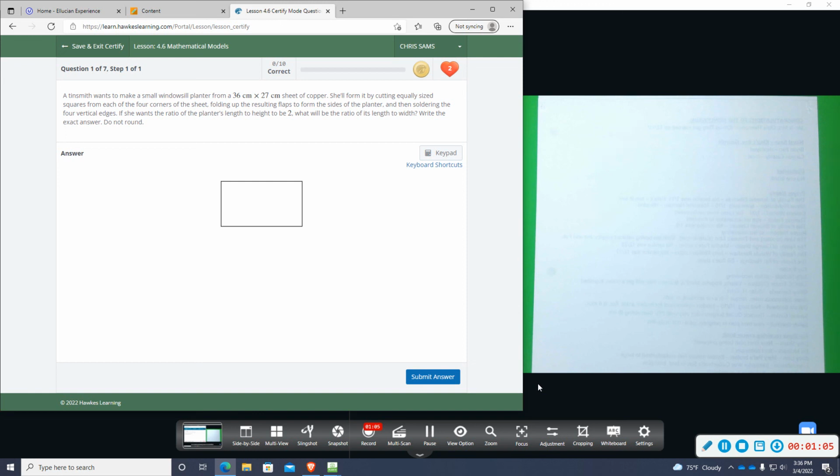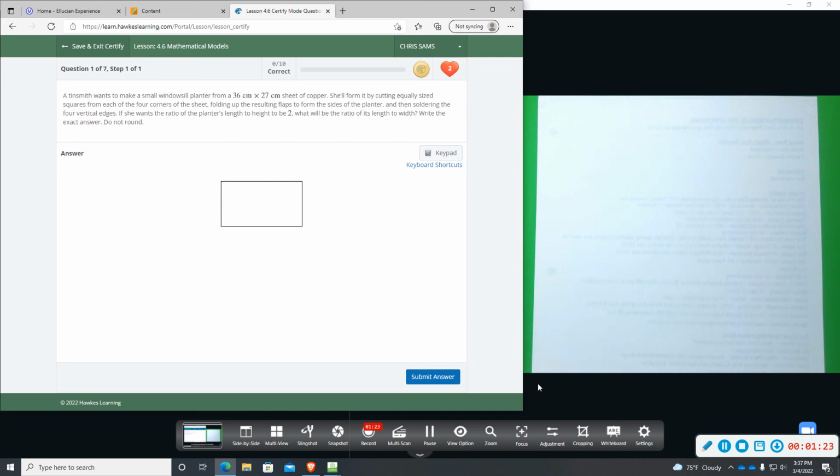If she wants the ratio of the planter's length to height to be 2, what will be the ratio of its length to width?